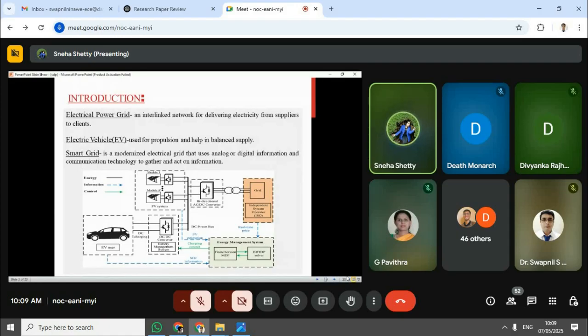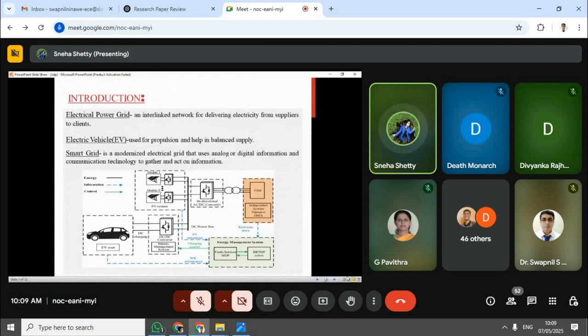Whereas when we come to renewable energy resources, we have various types of resources which are abundant in nature. We can regain the energy, they are sustainable. Some examples are solar, wind, etc.